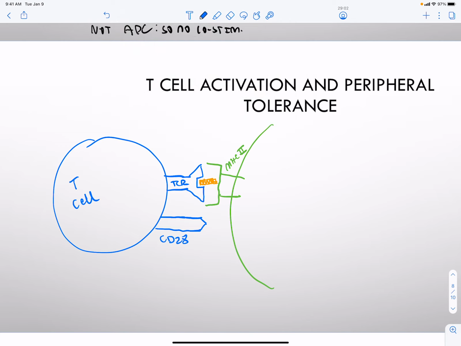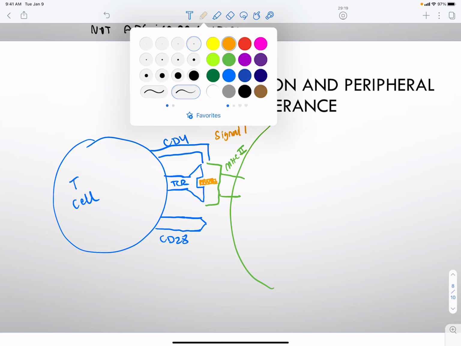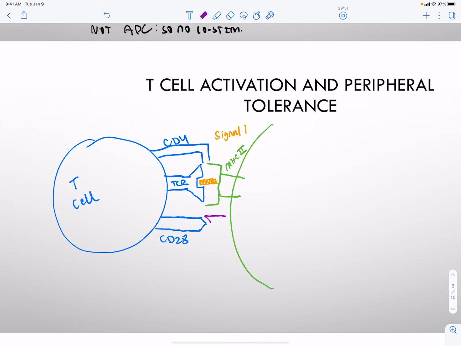Your T cell will have CD4. This is a CD4 cell. So we'll have CD4 interact with your MHC. And so we have here signal 1. Now signal 2 is going to be caused by the expression of CD80, which is also called B7.